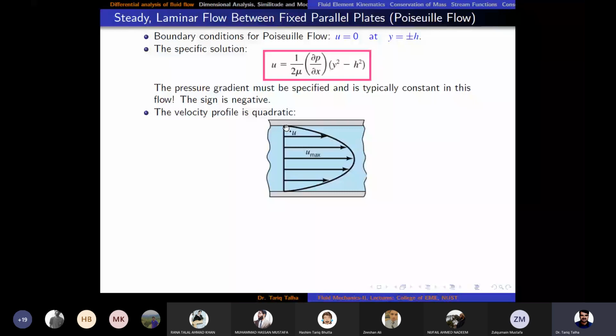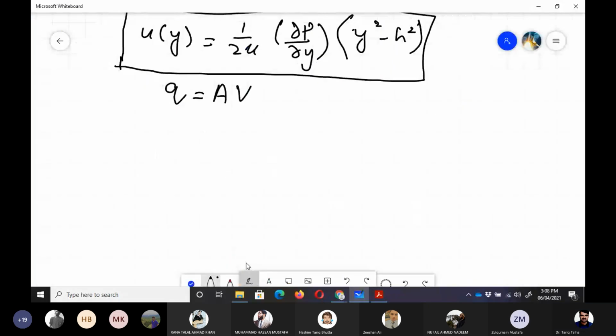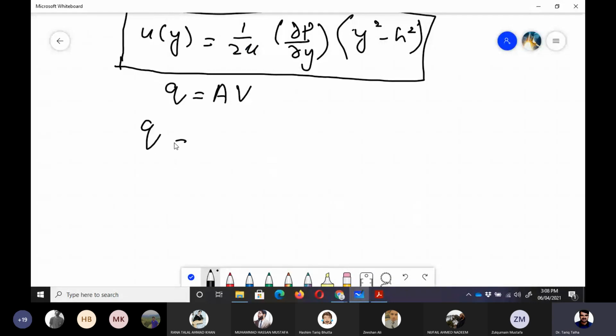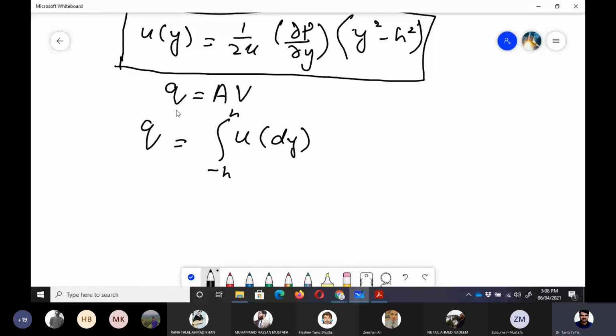We write the integral of u from minus h to h, which is the distance between the two plates, into dy, which is the height shown here, and then the third direction, z, which is out of the board. We take it as 1, so dy into 1 is for unit width, so u into dy.